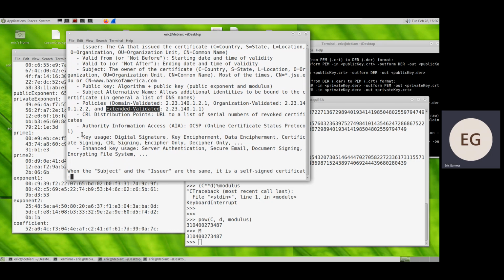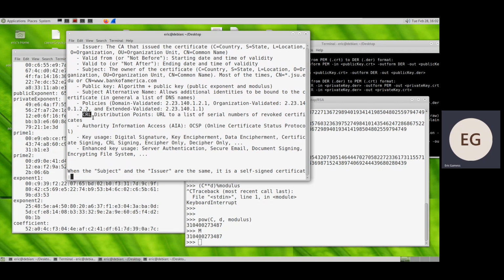Okay, there is another field that is called CRL, Certificate Revocation List. You may have your certificate. Let's say that I am JSU or I'm Amazon. I have a certificate. At one point, a hacker breaks into my system and steals my private key.